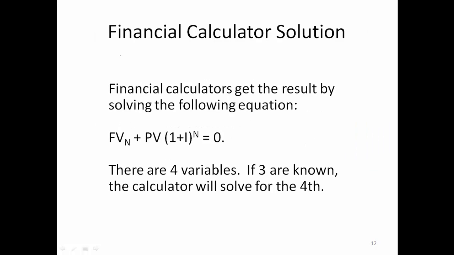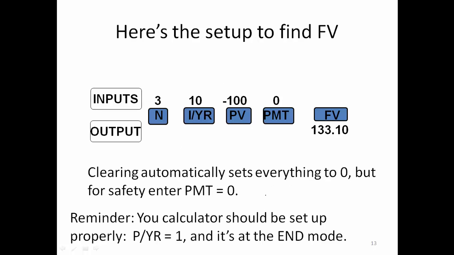Generally, the financial calculator gets the results by solving this equation, and as you see, future value, present value, interest rate, and number of years. These are 4 variables. If we know 3 of them, then we can solve for the 4th variable.